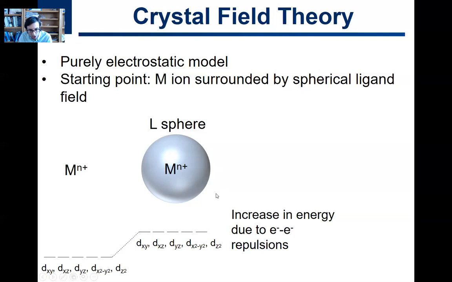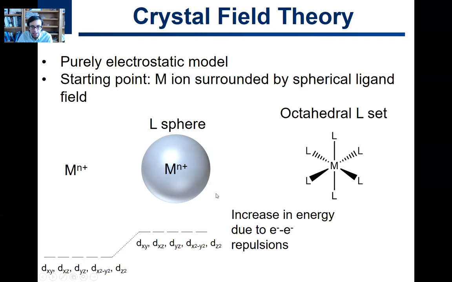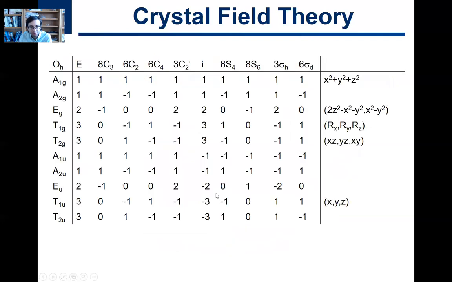Now, they're still going to be degenerate at this point. What we're going to do next in our thought experiment is say, okay, we're at this point. What happens is the sphere stops being a sphere, and now these ligands hold their places in an octahedral environment. Let's say we started with 6 ligands. What's going to happen then?